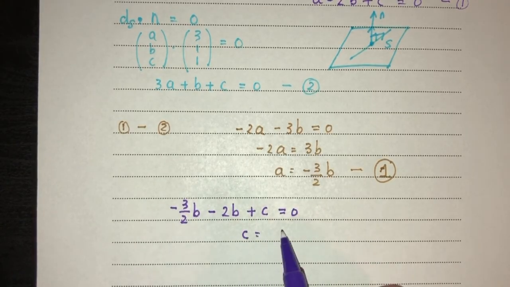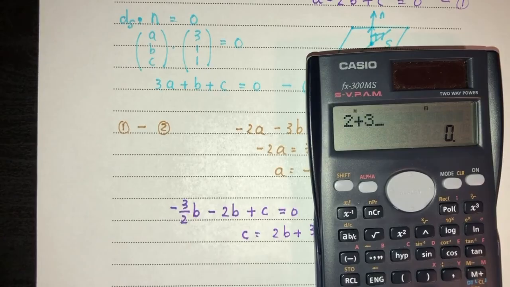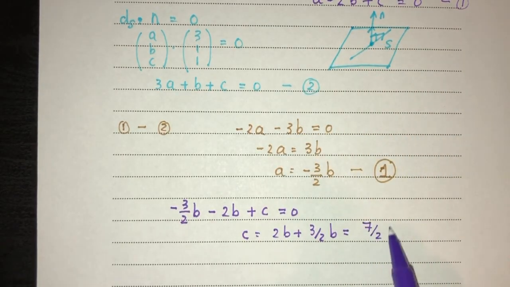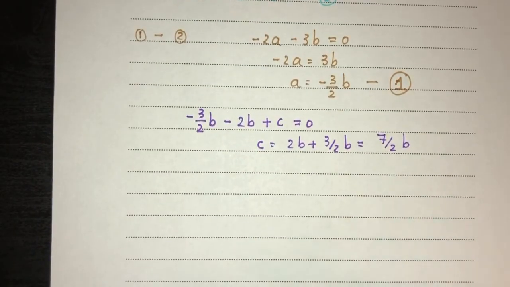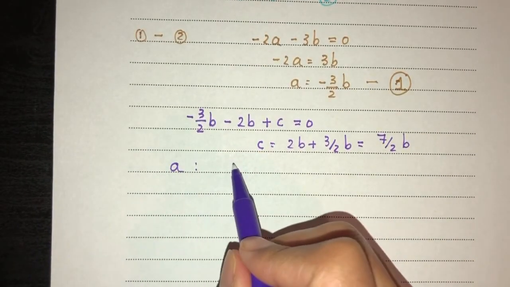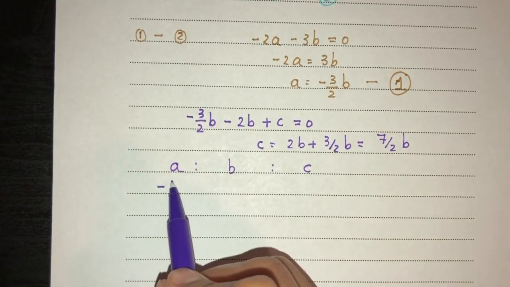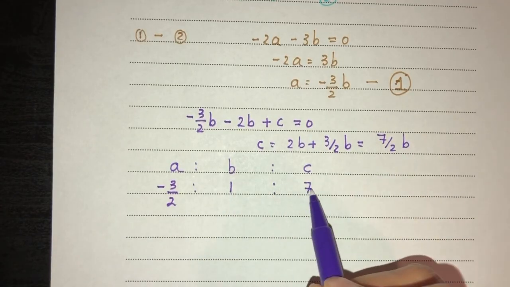So C will be 2B plus 3 over 2 B. That will be 2 plus 3 over 2, which is 3.5, which is 7 over 2 B. So now we just have to find the ratios of A, B, and C. A is minus 3 over 2, B is 1, C is 7 over 2.